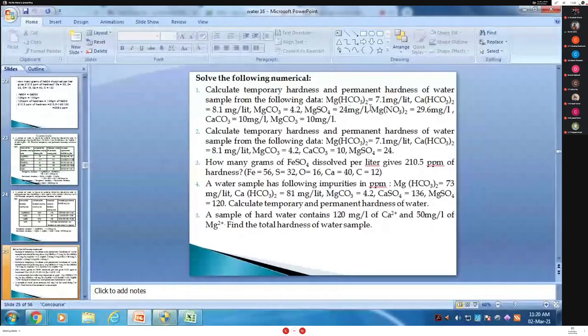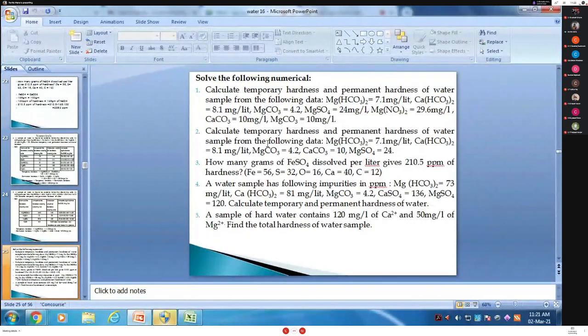Magnesium bicarbonate 7.1 milligram per liter, calcium bicarbonate 8.1 milligram per liter, magnesium carbonate MgCO3 4.2, magnesium sulfate MgSO4 24 milligrams per liter, then magnesium nitrate 29.6 milligram per liter, then CaCO3 10 milligrams per liter, and MgCO3 10 mg per liter.